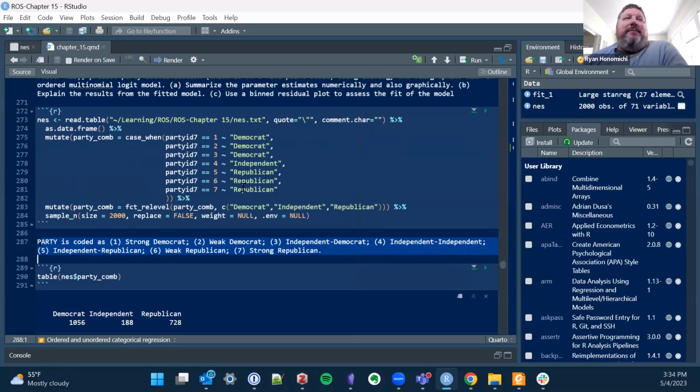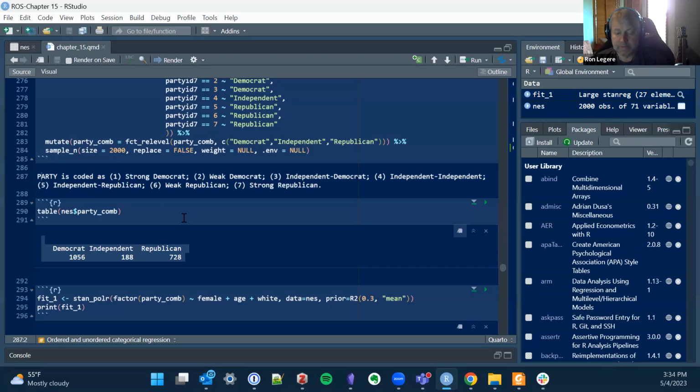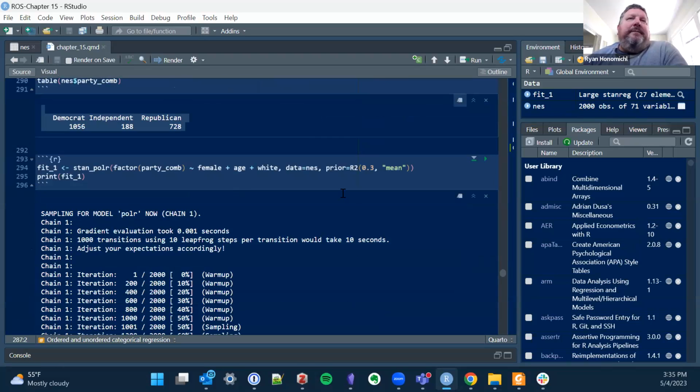I tried to fit that, but it took so long that I collapsed it into just Democrat, independent, and Republican. And by the way, I randomly sampled 2,000 observations, without replacement, obviously. When we used the whole sample it was a lot more, but whatever.